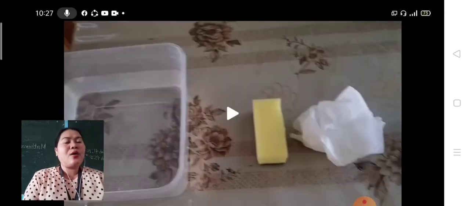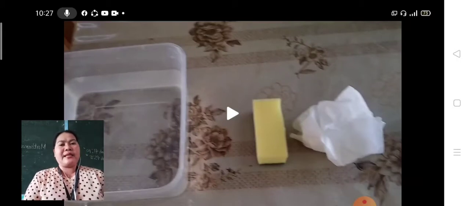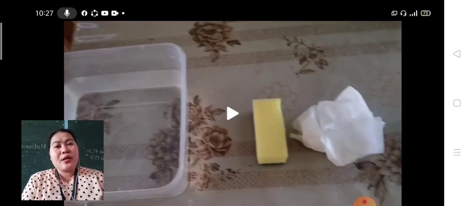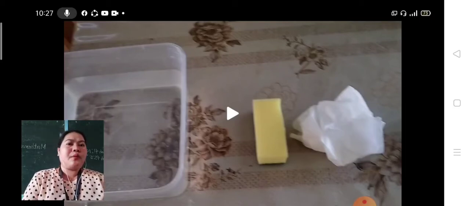Ang tiny hole nga na, may tawag man kita sina, class. Ang tawag sina is porous. So, ano ang porous? Porous means having small holes that can allow air or liquid to pass through.